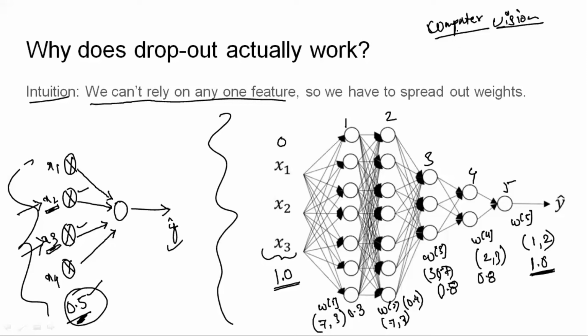Do not make it a standard to use dropout each and every time you solve a problem. Computer vision is the most common example where people use dropout regularization to get rid of overfitting in the data set.